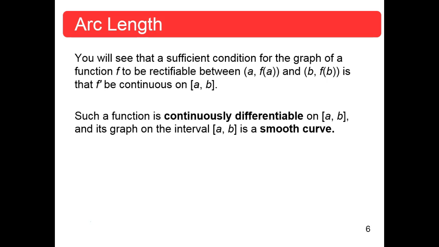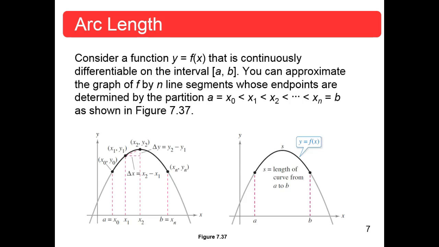Such a function is continuously differentiable on a to b, and its graph on the interval is a smooth curve. To be continuously differentiable, it has to be a smooth curve: no corners, no cusps, no angles. They have to be smooth and continuous. All right.